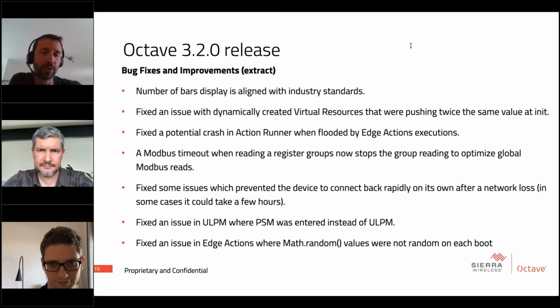It used to show pretty low bars for average signal, which could sometimes be worrying even if the device was in still correct conditions. So now you will see slightly higher bars for the same amount of signal.